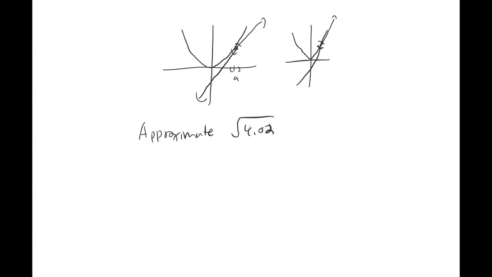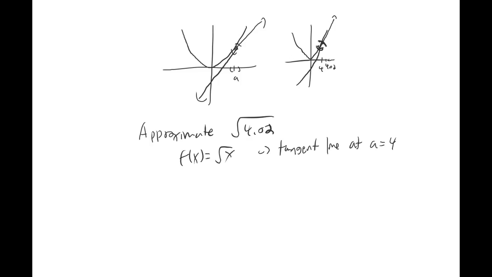Let's take our function to be root x, and let's take the tangent line at a equals 4. 4.02 is pretty close to 4, so the value is going to be pretty similar, right?